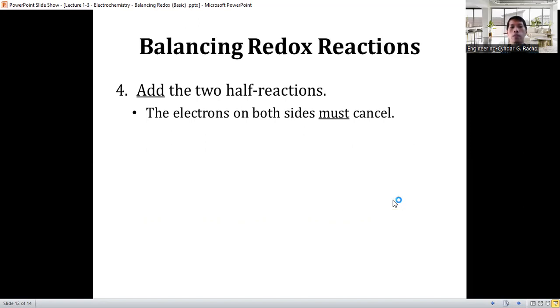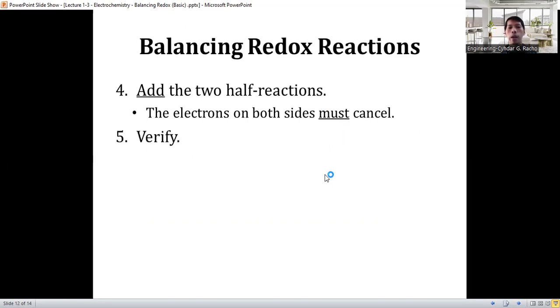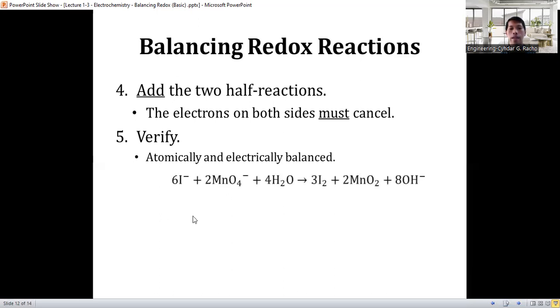Further, the electrons on both sides must cancel, di ba? Ito na-emphasize kanina na nag-cancel ang electrons. So number 5, let's verify atomically and electrically if balanced ba sila. So let's see. Atomically, we have iodine. So you have 3 times 2, you have 6.